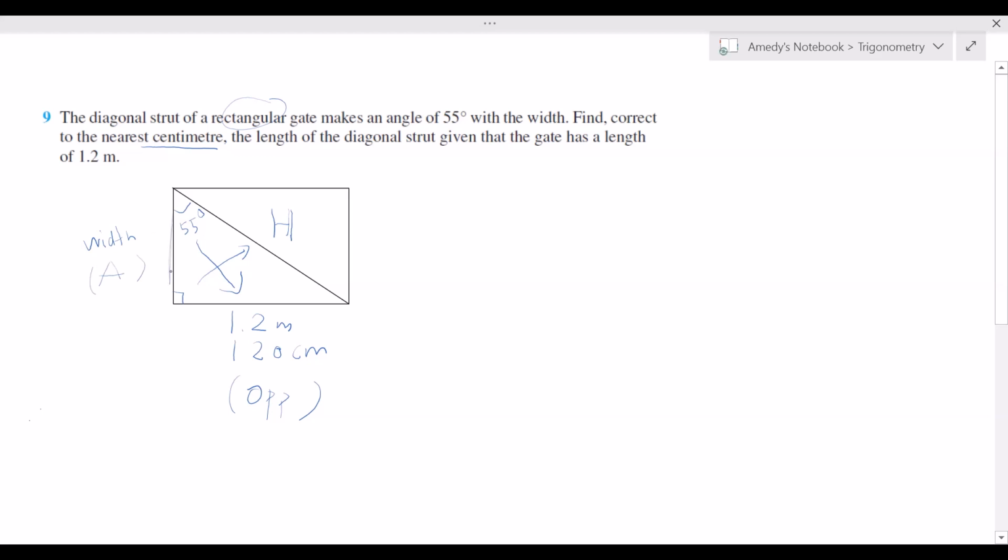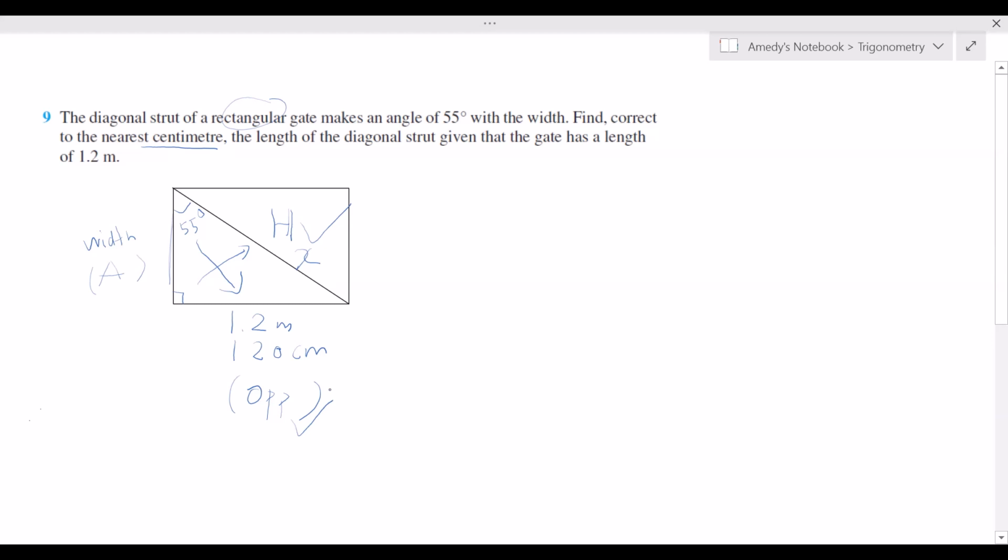All right. Now, we are looking for the diagonals. Let's label it X here. So we involve H and O. Nothing's given for adjacent, so leave it behind. Try to think about sine, cosine, and tangent. Pick the right rule that involves hypotenuse and opposite.